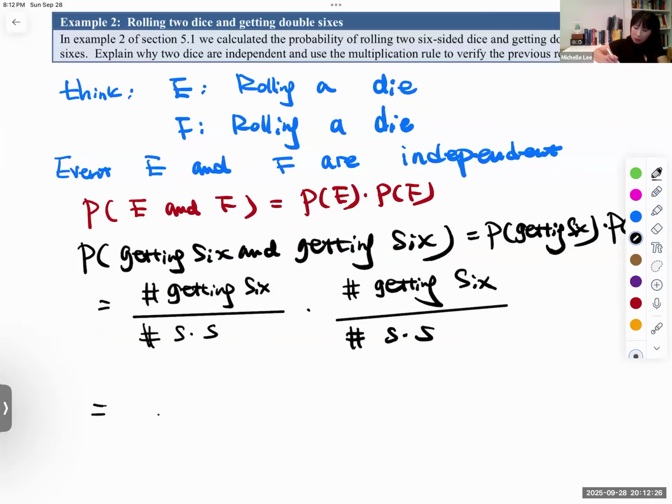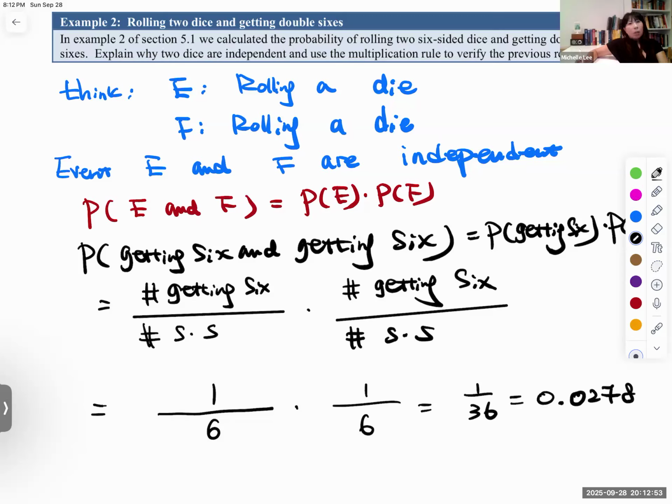So what's the number of sample space? Rolling a die, 6, right? Good. And getting 6, which is 1 out of 6, right? How about here? Same. So what do you get? 1 over 36, which is 0.0278, which we had earlier, right?